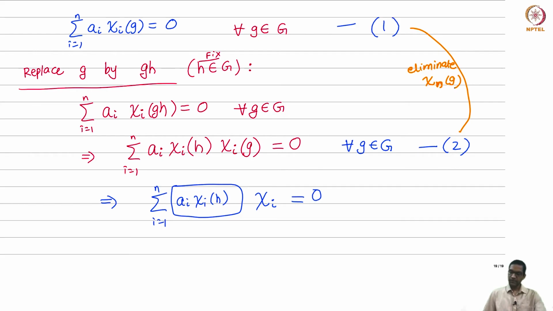Well, I'll have to multiply 1 by chi n of H. So how do I eliminate chi n of G from these two equations? I multiply the first equation by chi n of H and subtract the second equation from it.